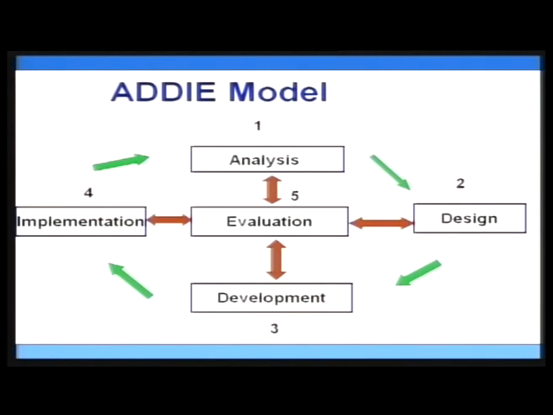So just to point out, there are many ways the ADDIE model is projected, and you can find them on the internet. If you see the arrows, they show that you can do evaluation of design, of implementation, of development, and of analysis.